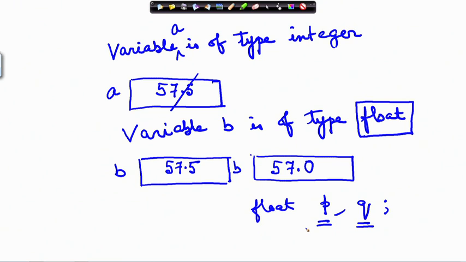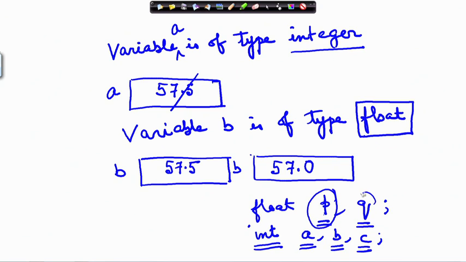And if I write int A, B, C, that means A, B and C are three variables of type integer. So, we do not write integer, we just write int in C. Obviously, then for P, depending on how many bits, how many memory locations will be given: for P maybe 4, for Q 4, but for A, B, C it will be only 2.